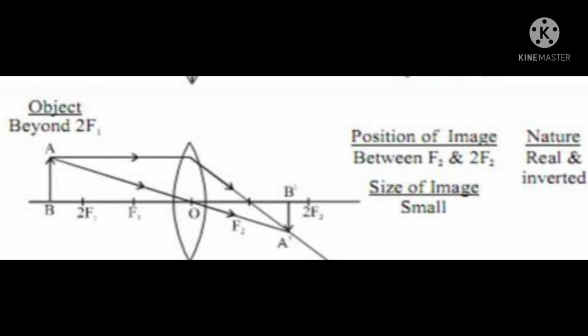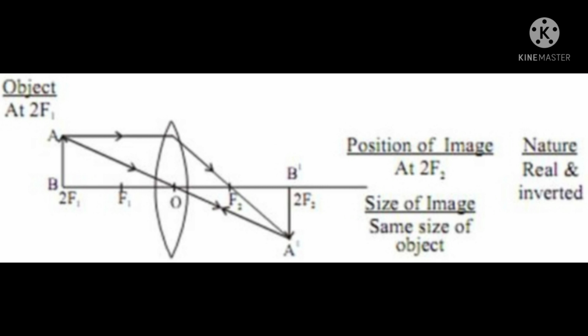Now next, at 2f1, if you place the object at 2f1 here, where does the position of the image form? At 2f2. Placed at f1, where does it form? At f2, focus 2. Clear? Why is there focus 2 here?